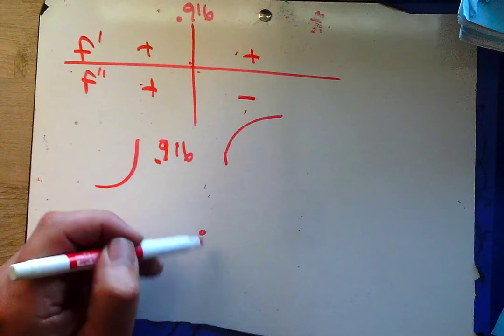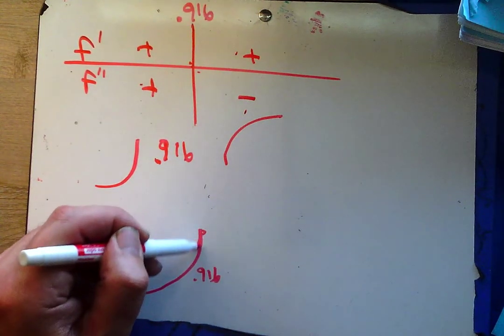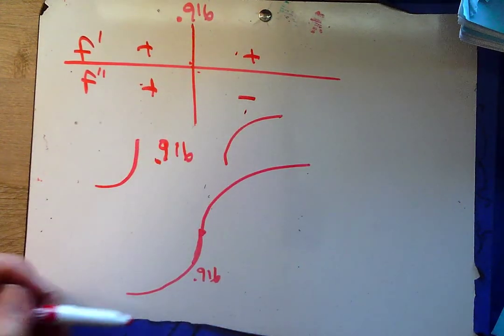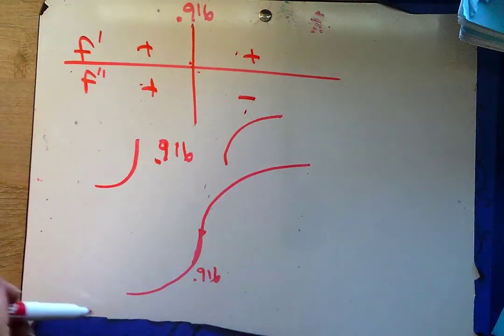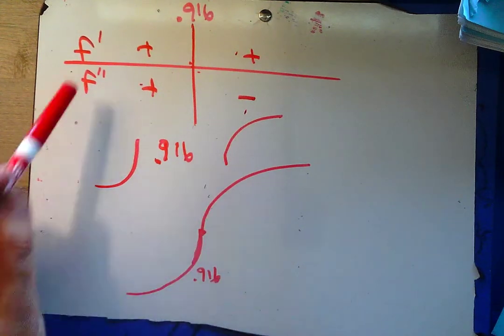So here's my x value of 0.916. I want to be concave up until I get there, and then concave down after I leave. But everywhere, f prime is positive, so everywhere my function is increasing. Okay, that's about all I have to say about that one.